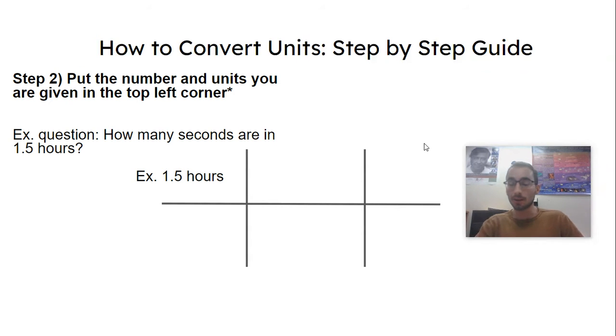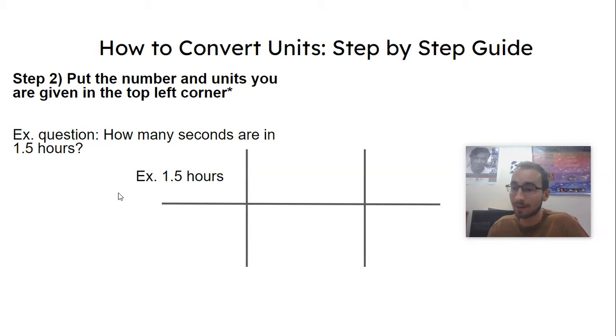Next, we're going to go through a sample question together. So could you write step 2, you put the numbers and the units you are given in the top left corner. Okay, so for example, if I want to know how many seconds are in 1.5 hours, 1.5 hours is around the length of this class.